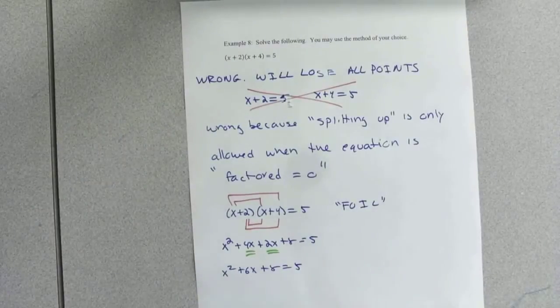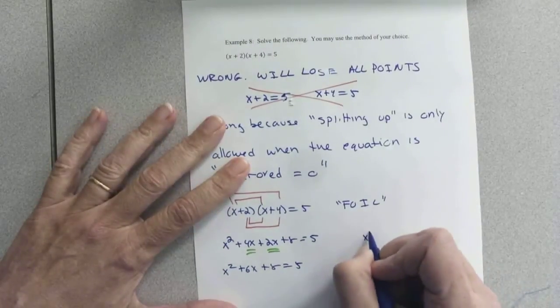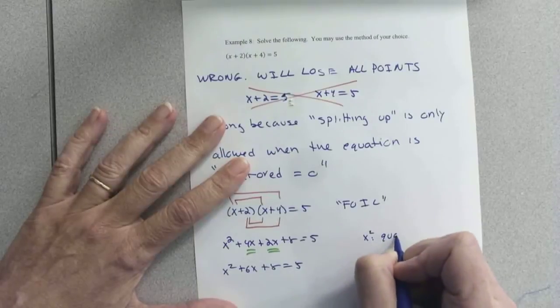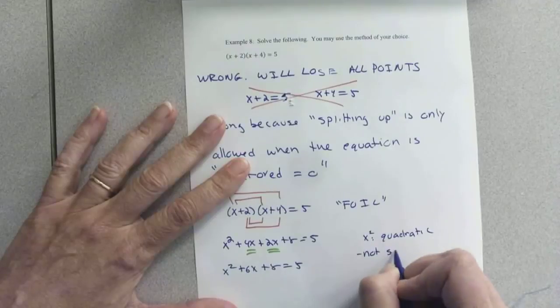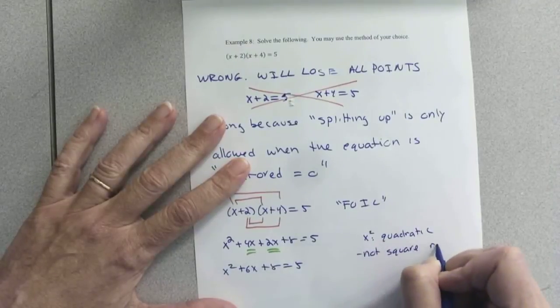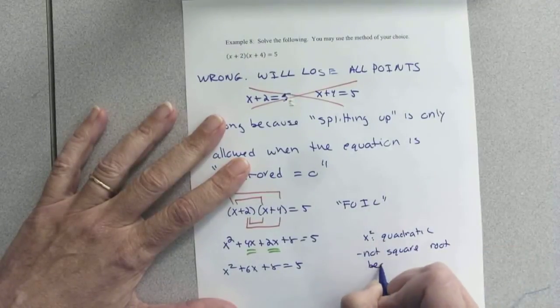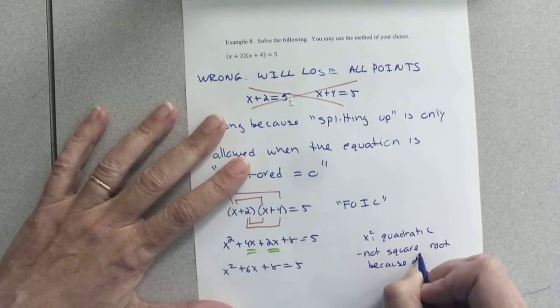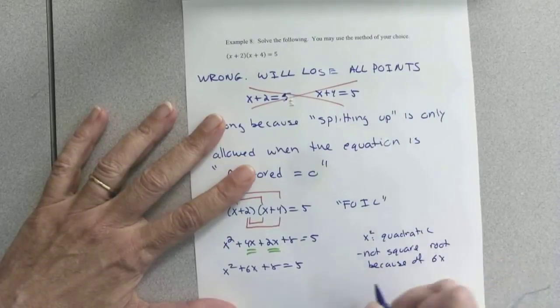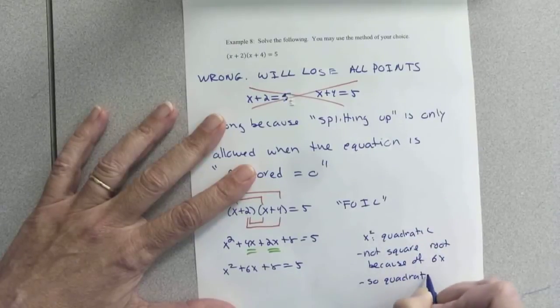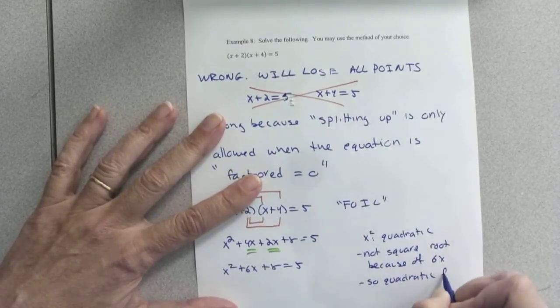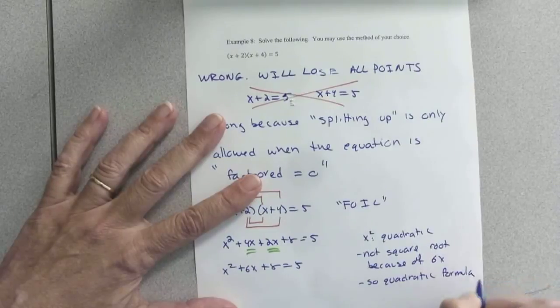And then again, my thought process over here, the x squared makes it a quadratic, not the square root method. Because of the 6x. So quadratic formula. Or factoring.